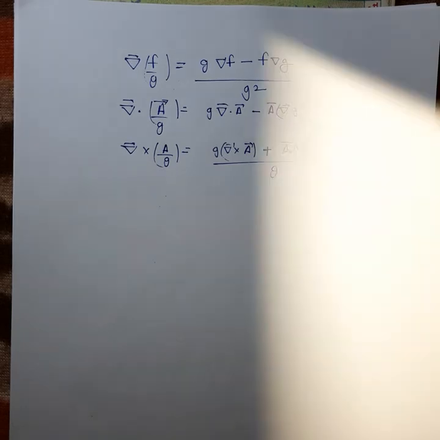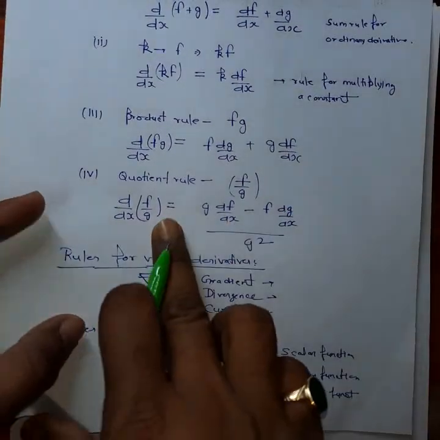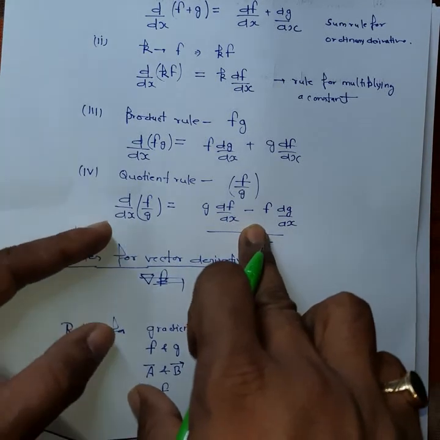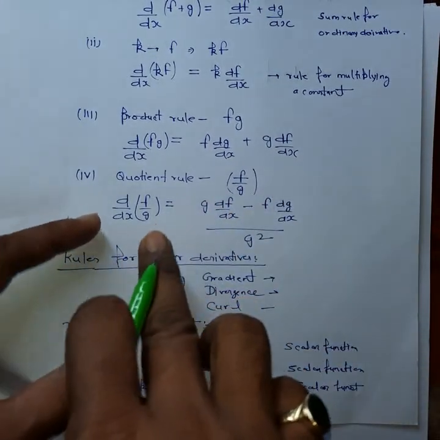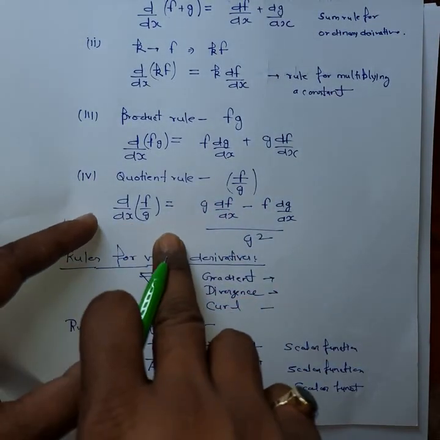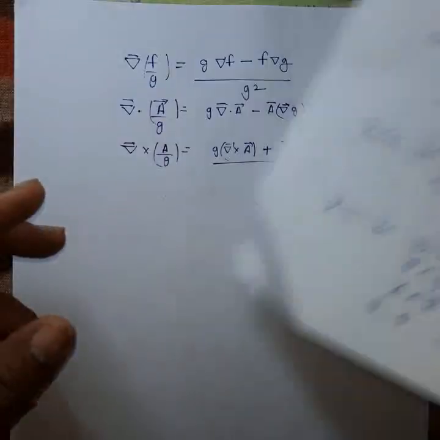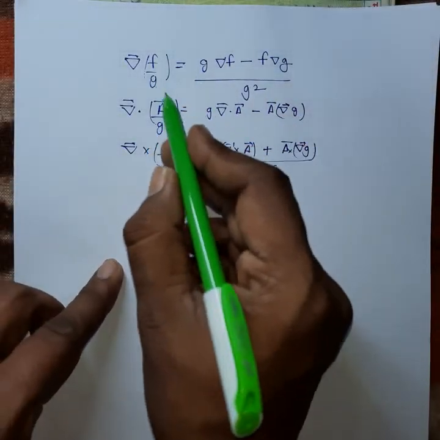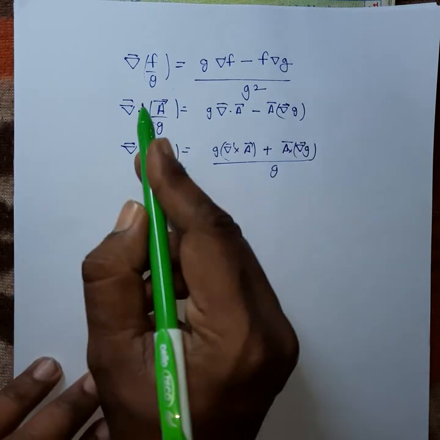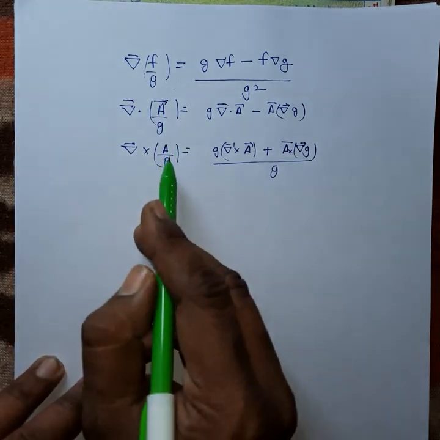So like the quotient rules of ordinary derivatives, it is also easy to formulate the quotient rules for vector derivatives.